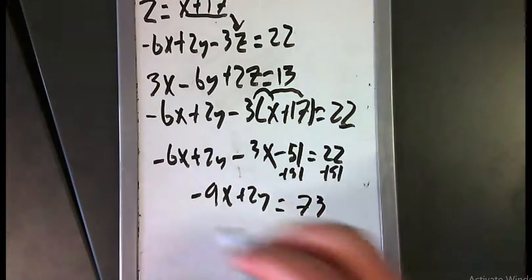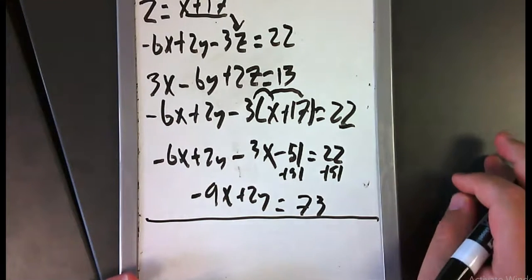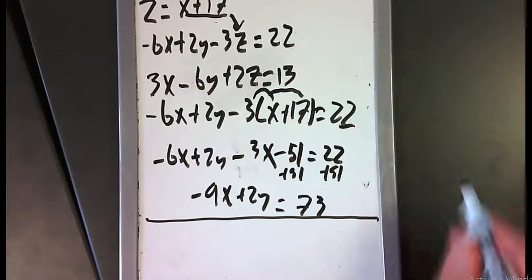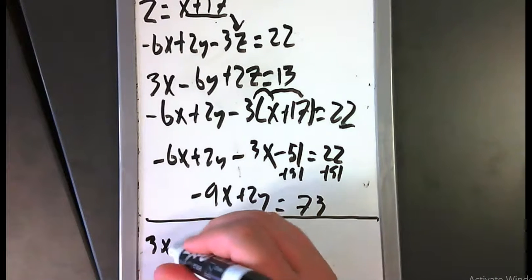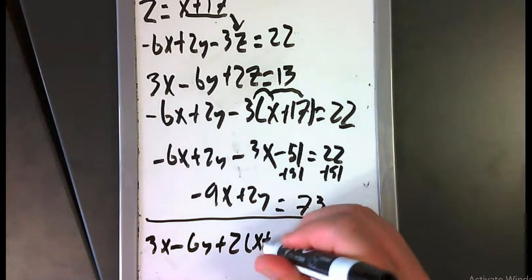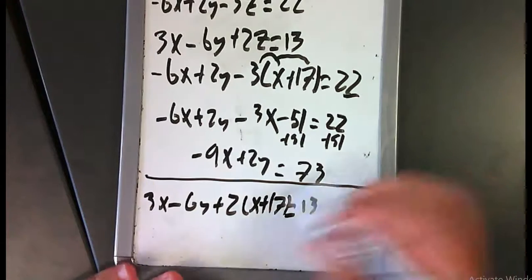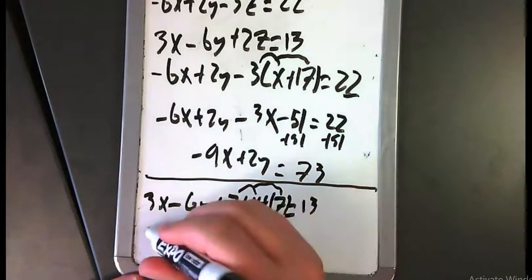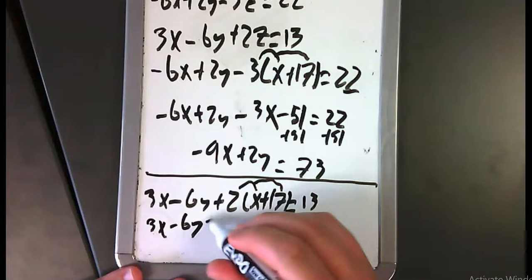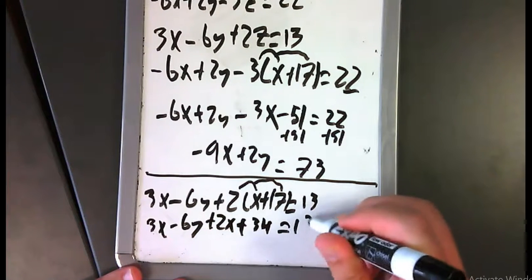And then for the next one, we need to do the same thing. Here we have 3x minus 6y plus 2 times, but instead of z, we're going to write x plus 17 equals 13. When we do that, we have 3x minus 6y plus 2x plus 34 equals 13.